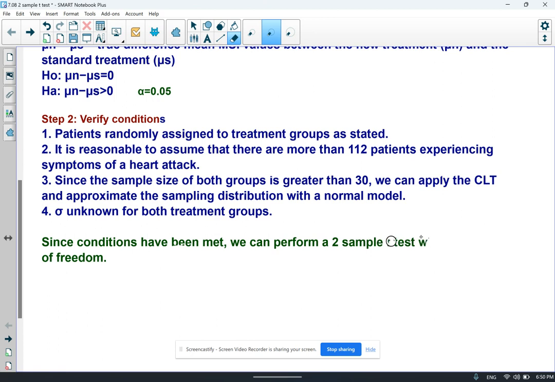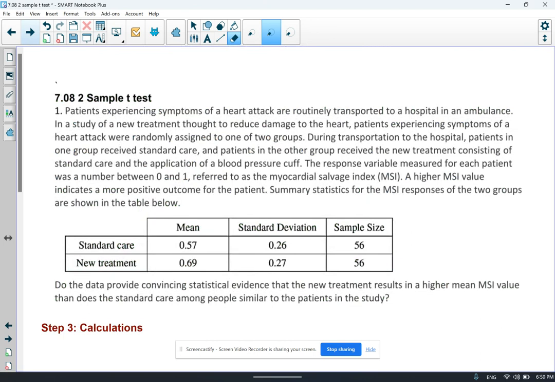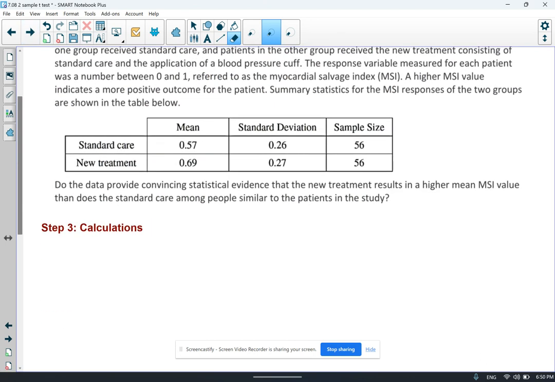And we have to write down the degrees of freedom. And I'm going to show you how you get that, because we're not going to plug into the formula. We're going to be pulling that information off of our calculations. So I'll show you in a few minutes how we get that. So we're going to do the calculations and then we'll go back and fill in the degrees of freedom.